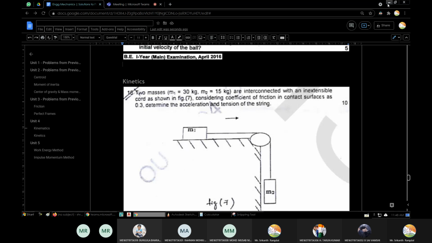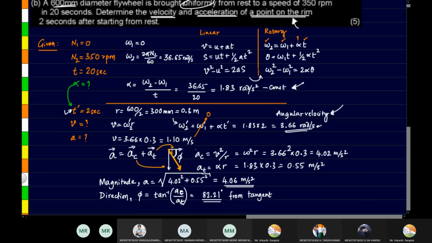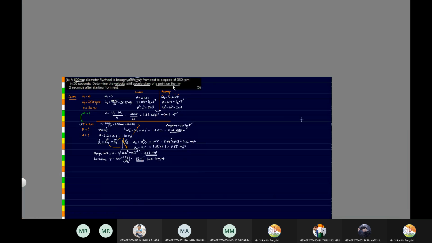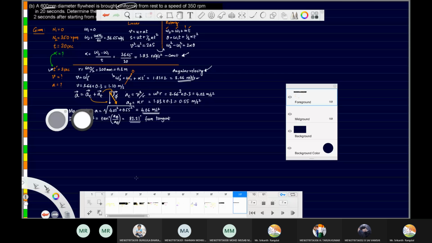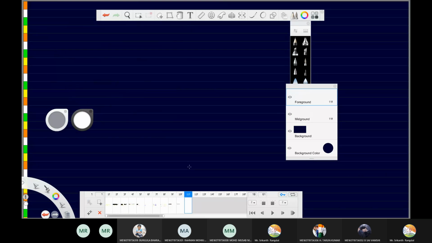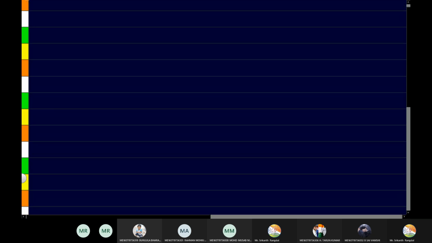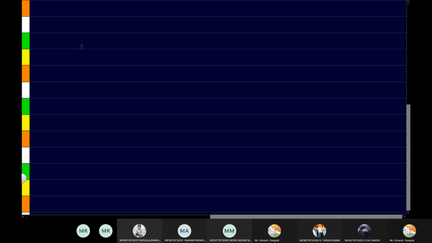If anyone else is also having doubts like this, please feel free to ask. So your first doubt is coefficient of restitution.